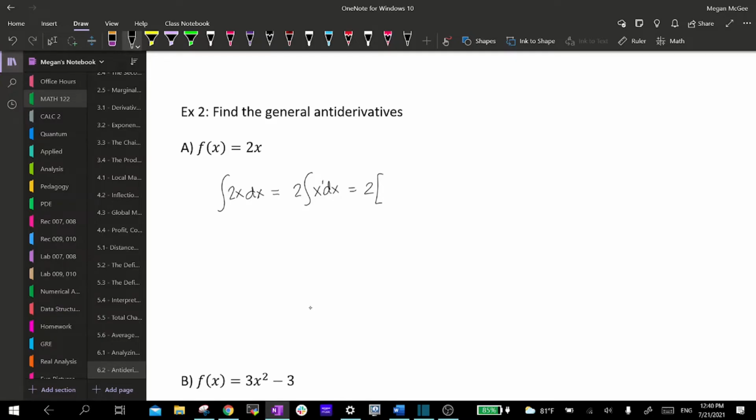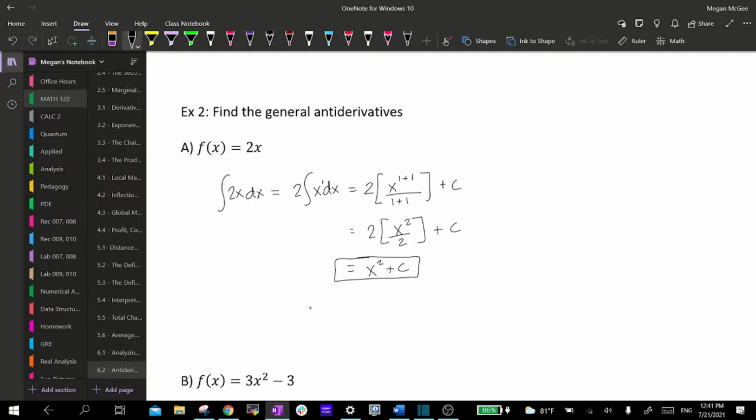N is equal to 1, so we need x to the n plus 1 divided by n plus 1. And then we need to add that constant of integration. So we have 2 times x squared divided by 2. Our 2's cancel out. We get x squared plus c, and that is our final answer.